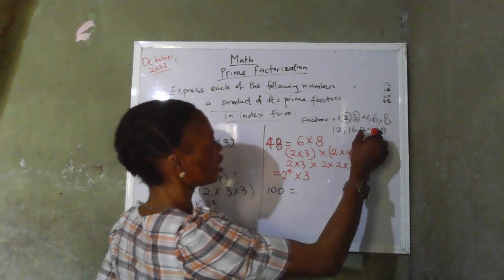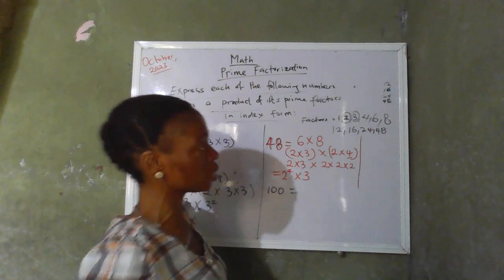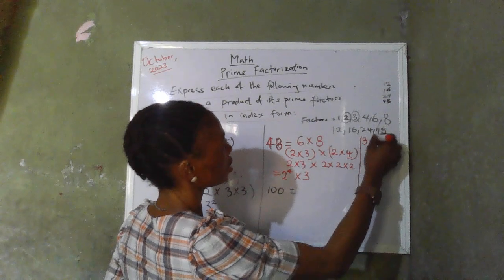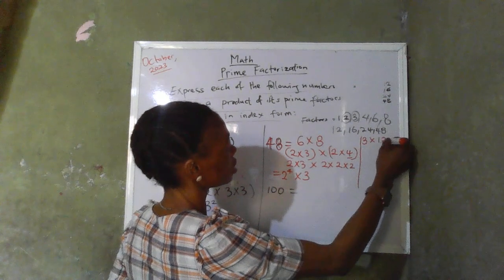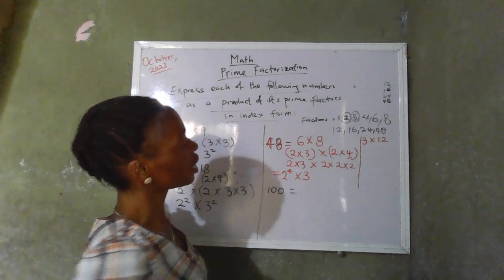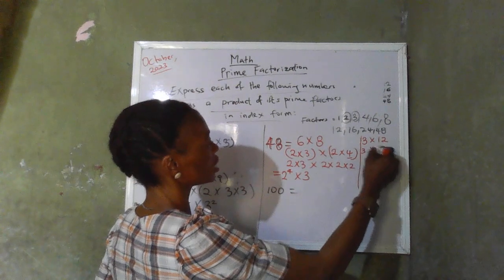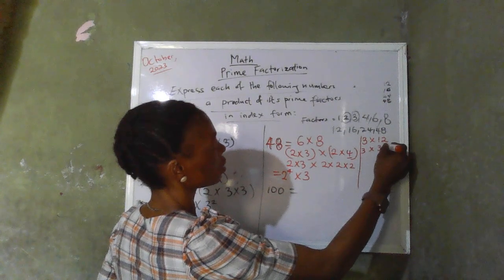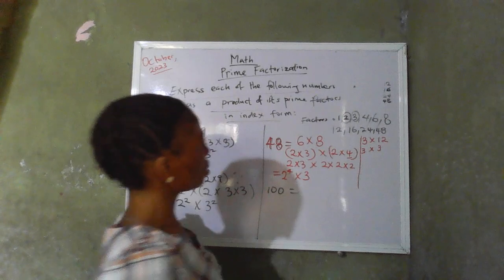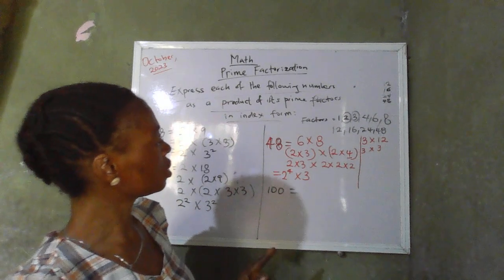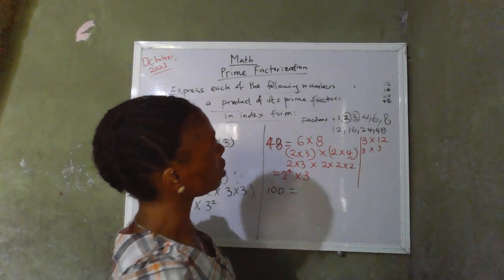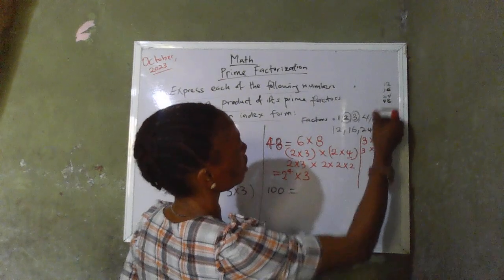If we pick any other 2 factors, let's see. If we pick 3 times 12, break this down. Sorry, it's 3 multiplied by 16.